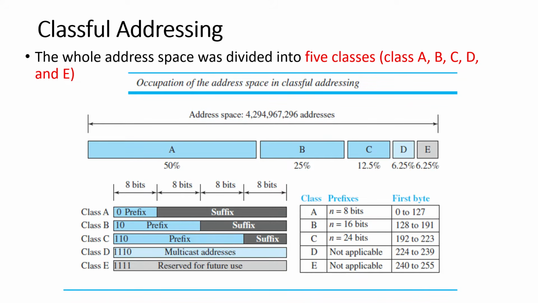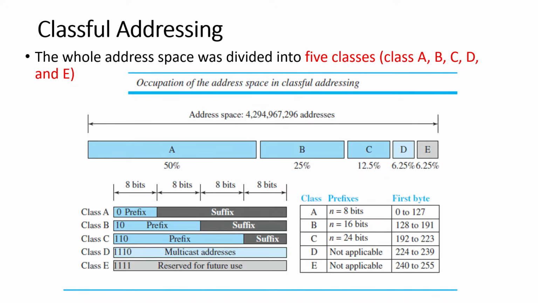Class D addresses are mainly used for multicast addresses. Here we don't have a separate prefix part and suffix part; that division is not available in multicast addresses.